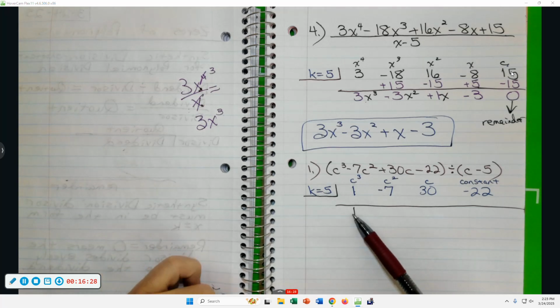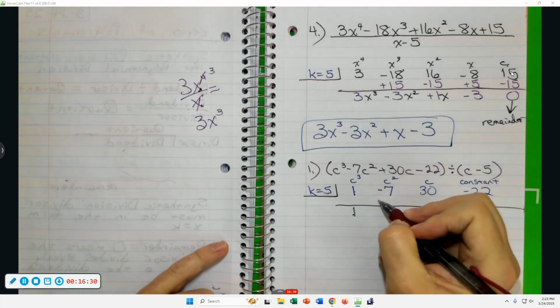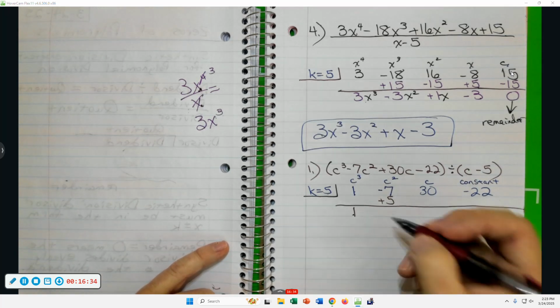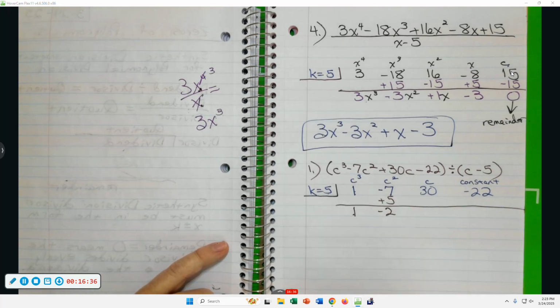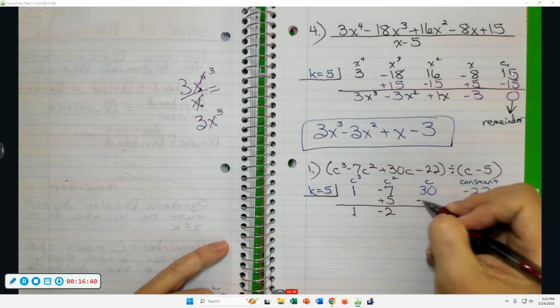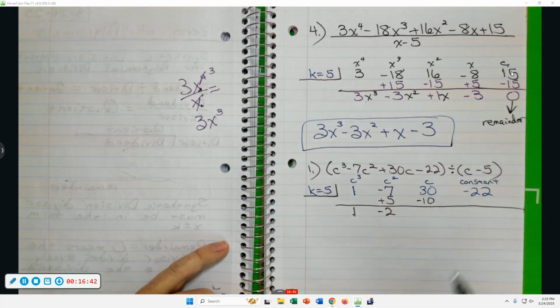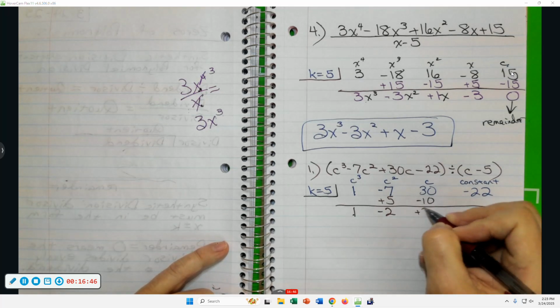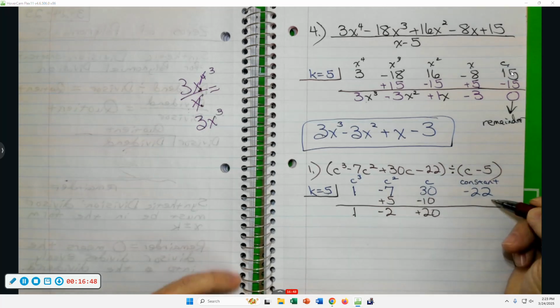Then you go 1 times 5, that's a positive 5. Negative 7 plus 5 is a negative 2. Negative 2 times 5 is a negative 10. 30 minus 10 gives us a positive 20. What number am I going to have here?